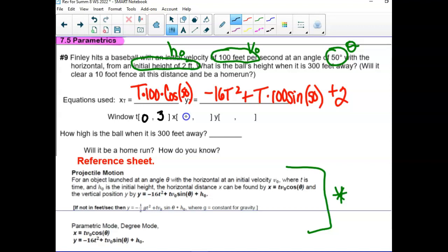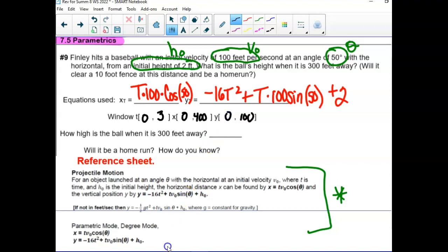Read the question again. It says when it's 300 feet away, so I'm thinking we need to put like 350, 400 in here. And I guessed first that this was like 40 feet in the air. I think you have to go more like 75. Did somebody try 80, 100? Let's just be safe. I'll do 0 to 100 for the height of the ball.